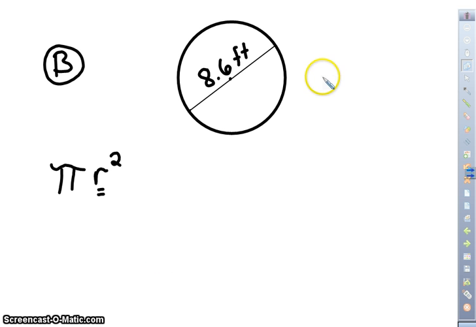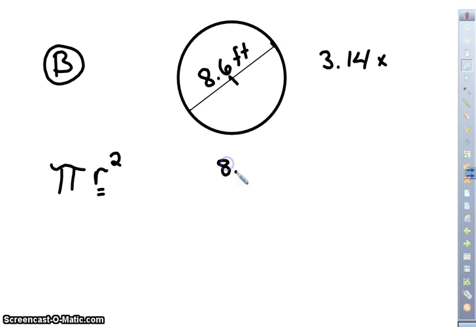All right. Now you're going to take pi, 3.14, and you're going to multiply that by the radius squared. What is my radius of this particular line? Well, first of all, this is the diameter. So we have to find the radius, which is half of the diameter.